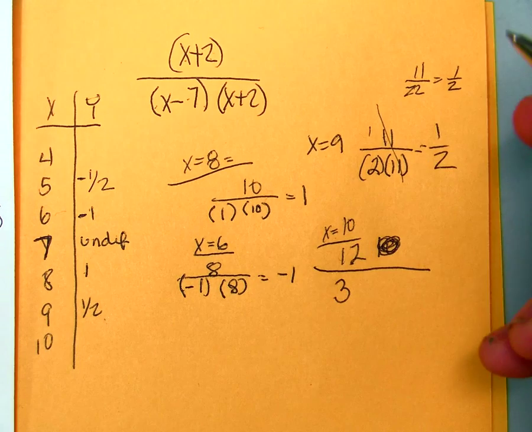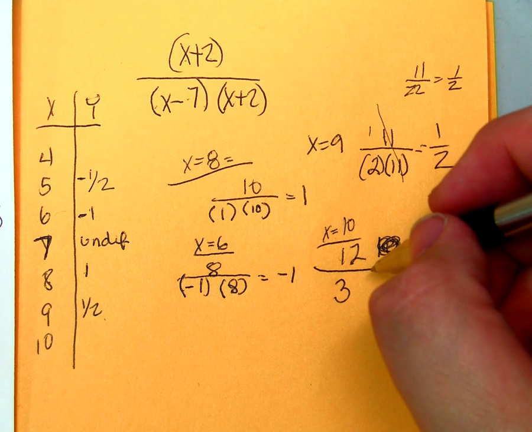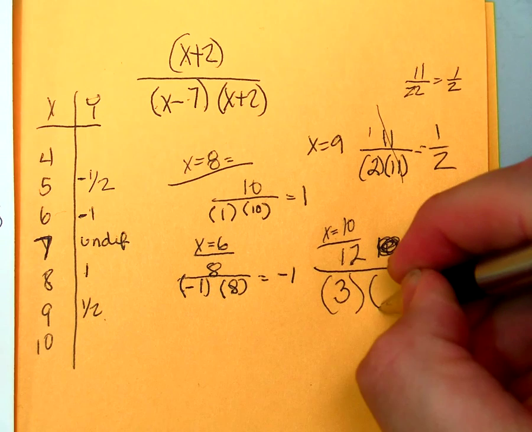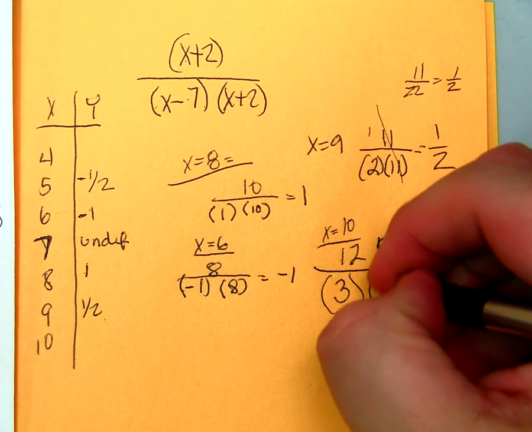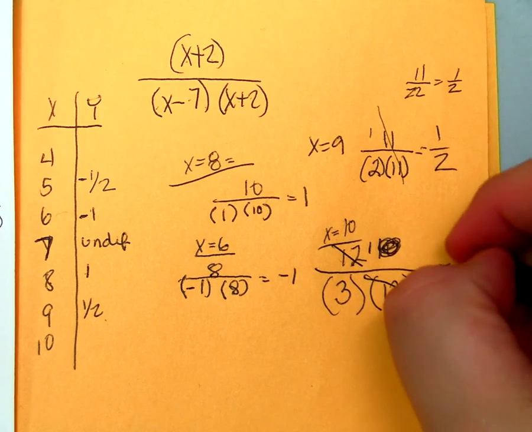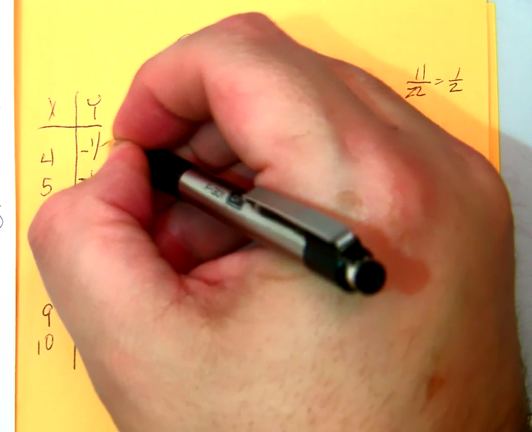So I get a 3, and then I get 10 plus 2, which is 12. These two divide out, and that's 1/3. So I get a 1/3 here and negative 1/3 here. So I'm going to plot these points. At 8, it's 1.